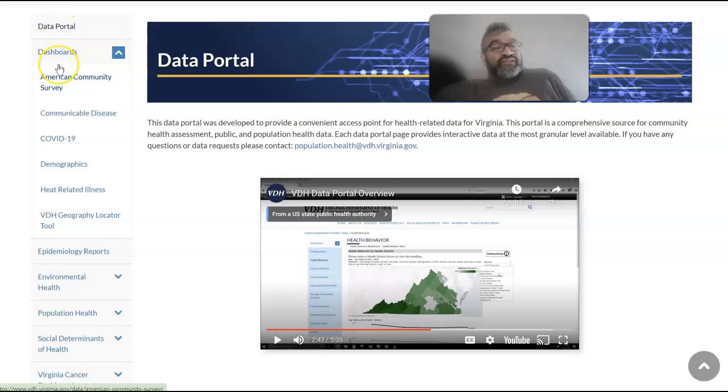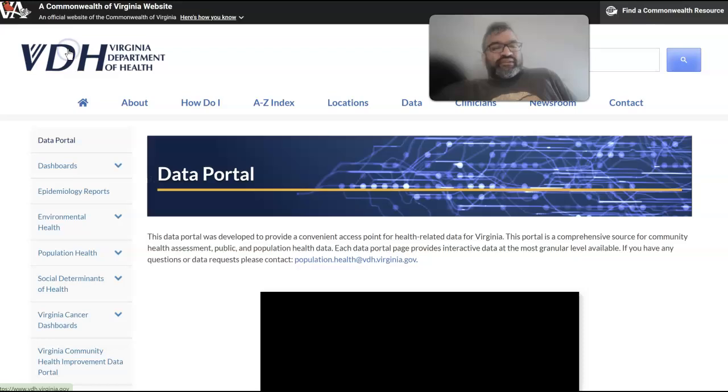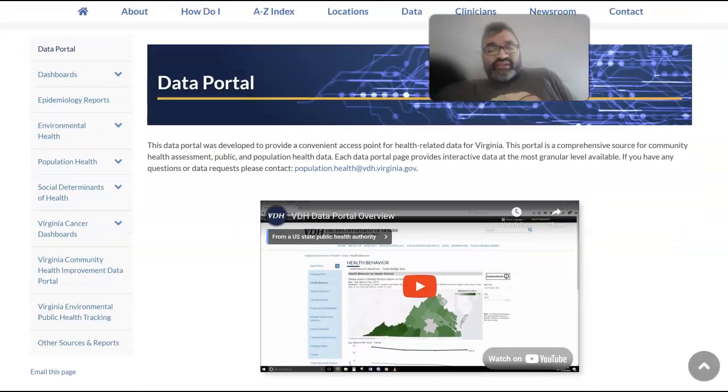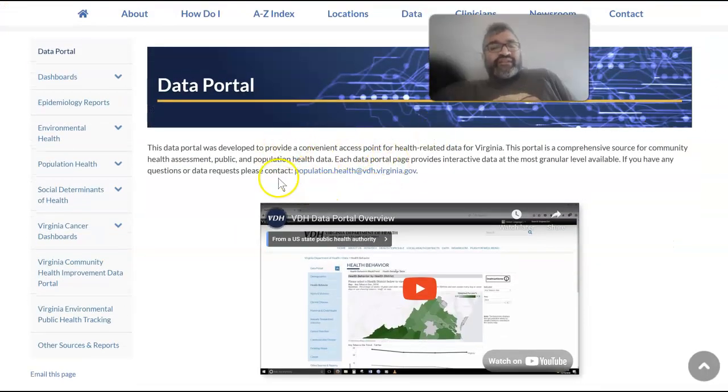And make the determination accordingly. So I'm going to type in here, well, this is the data portal, so this is important. One of the emails, and you can contact people through the email to determine what variables are essential to answer your question.